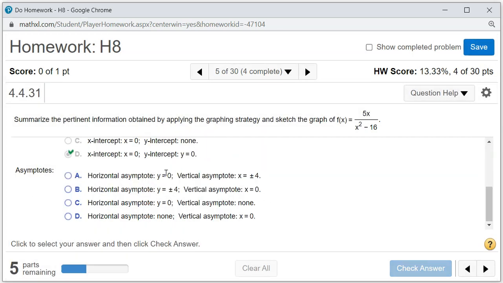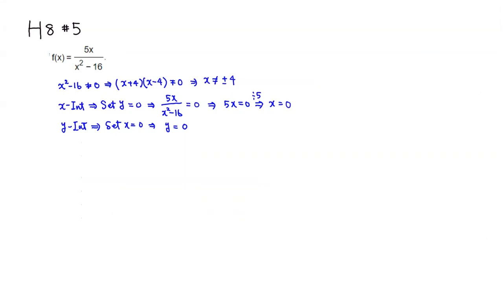Now asymptotes. We want to find the horizontal and vertical asymptotes. When x equals positive 4 or negative 4, you have a vertical asymptote, so you have two of them. For the horizontal asymptote, the degree on top is 1 and the degree on the bottom is 2.